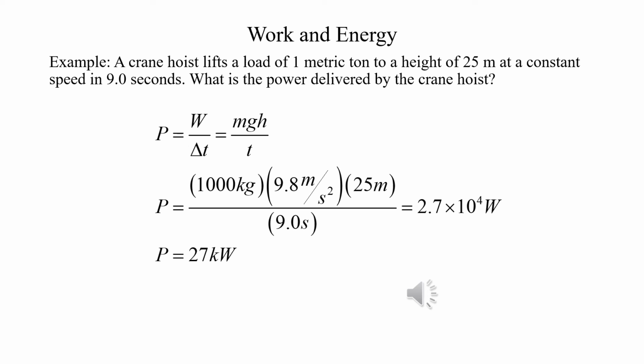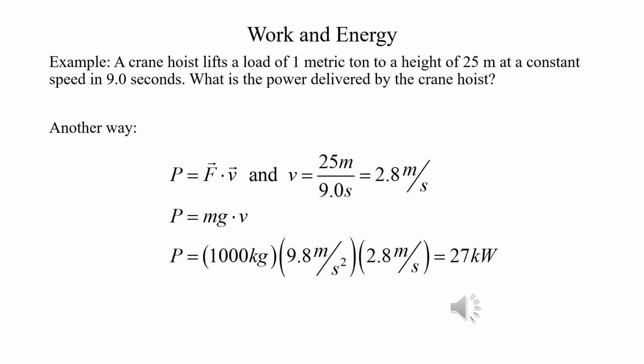So mgh over t. A metric ton is 1,000 kilograms. So 1,000 kilograms times g times the height, 25 meters, divided by the 9 seconds, gives us 2.7 times 10 to the 4th watts, or 27 kilowatts. So that's the power delivered by the crane hoist.